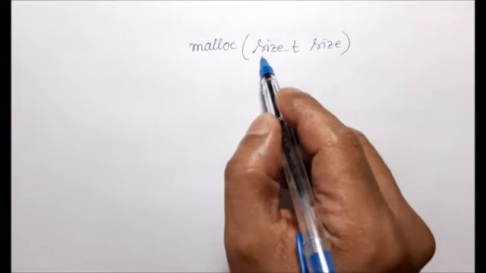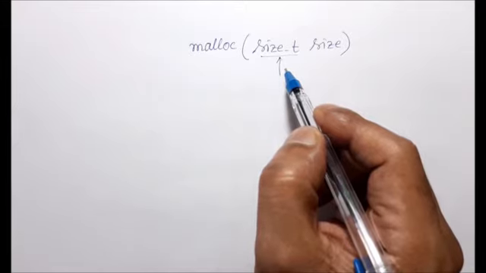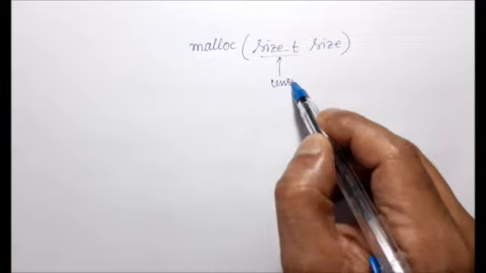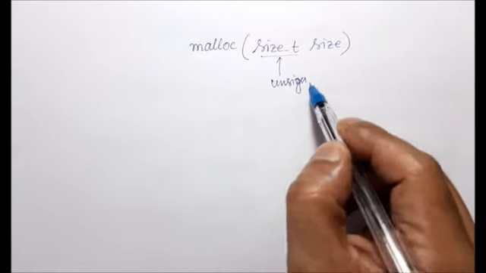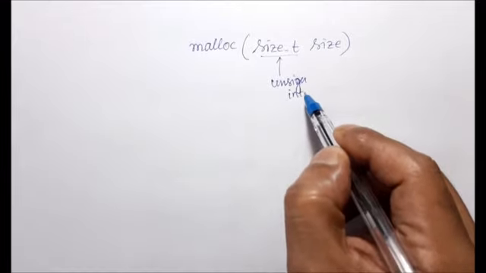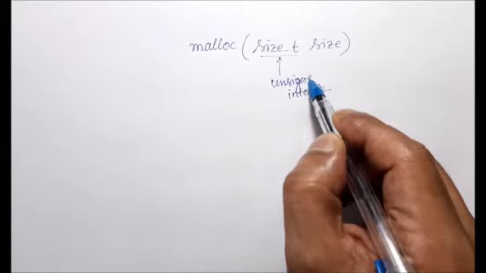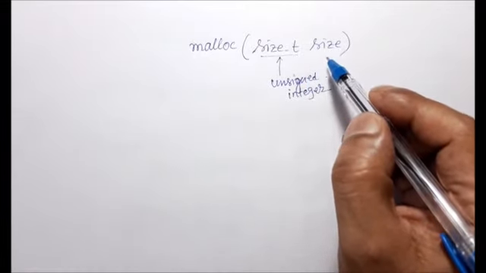Here we know that this size can never be negative, it is always positive. You can think of it as an unsigned integer, and size is how many bytes you require.